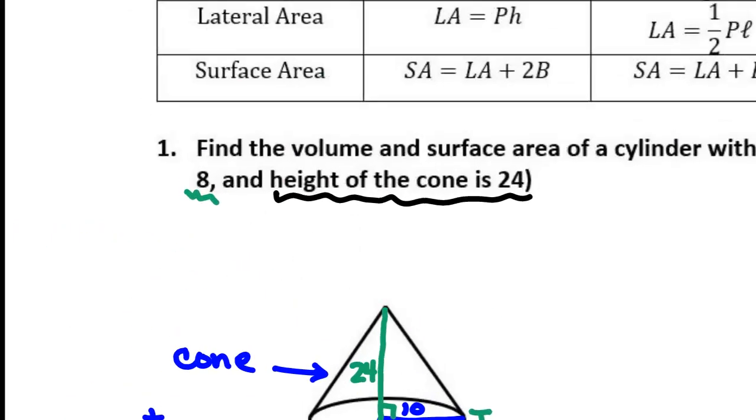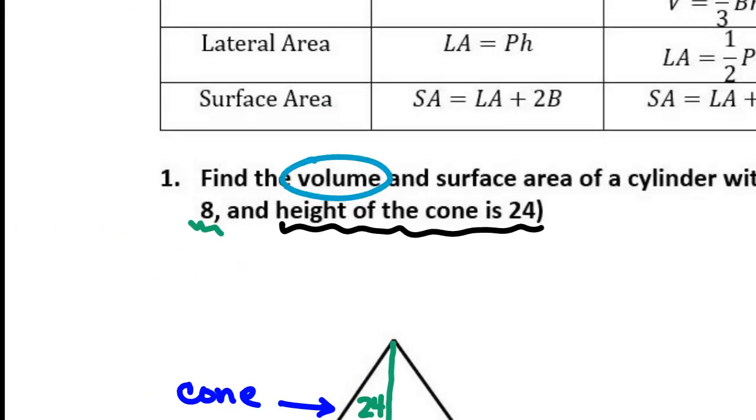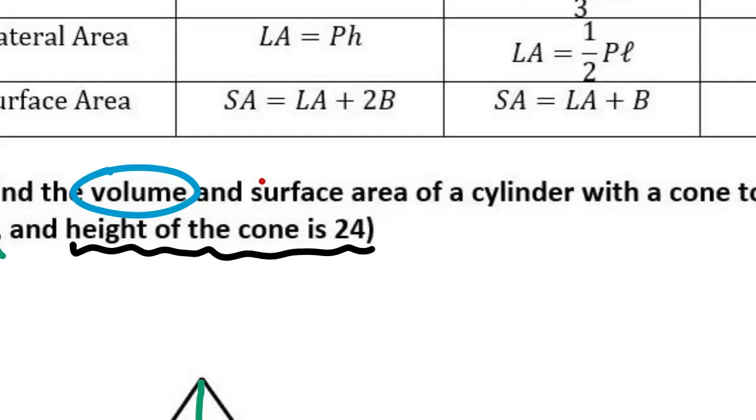They asked us to find the volume and the surface area. Let's do one at a time. Let's do volume first because when we're doing composite figures, volume is going to be the easier one for us to calculate.